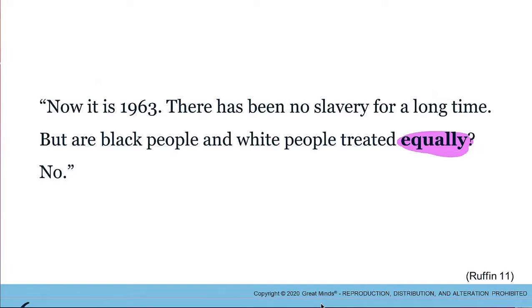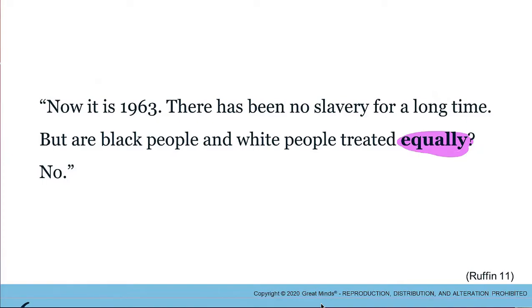What do you think equally means? Or what does it mean when it says that people were not treated equally? And Martin Luther King Jr. wanted people to be treated in the same way or in an equal way, not differently just because of what they looked like.